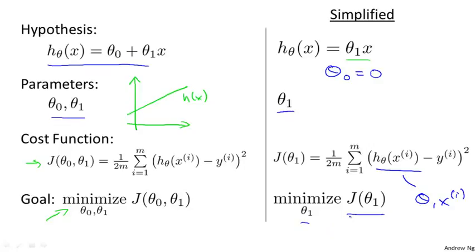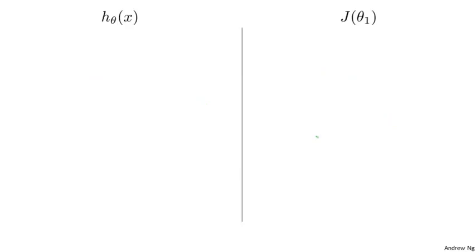In pictures, what this means is that if theta 0 equals 0, that corresponds to choosing only hypothesis functions that pass through the origin, that pass through the point (0, 0). Using the simplified definition of a hypothesis and cost function, let's try to understand the cost function concept better. It turns out there are two key functions we want to understand. The first is the hypothesis function, and the second is the cost function.